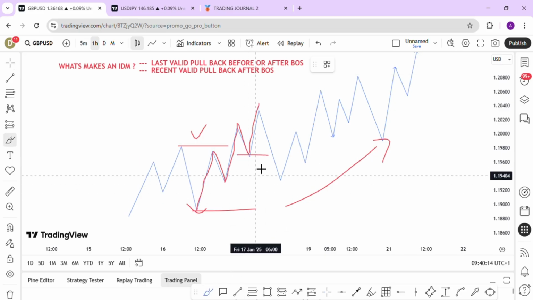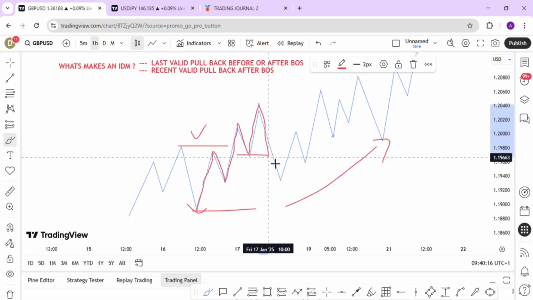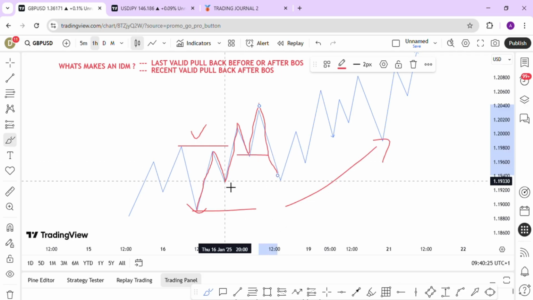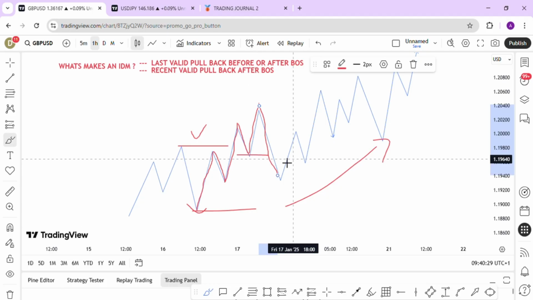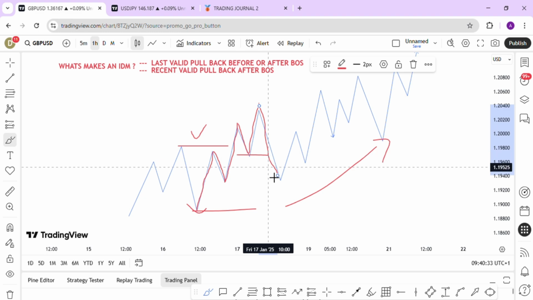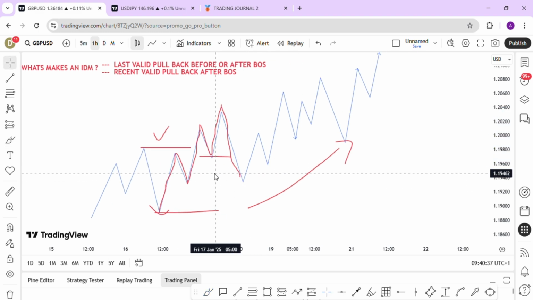In any situation, you must wait for this level to be taken out. It might be a sweep of this level, it might be a candle close. We are not talking about the POIs or the entry model. It's only identifying the trap, the inducement. Whichever way, this level must be taken out before you can think of any decision, whether you want to buy or sell.